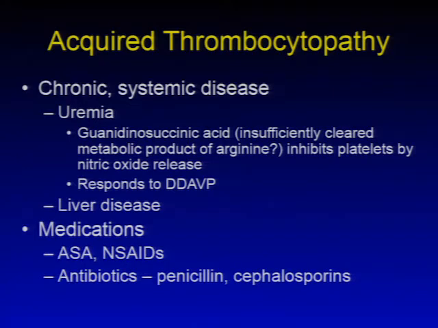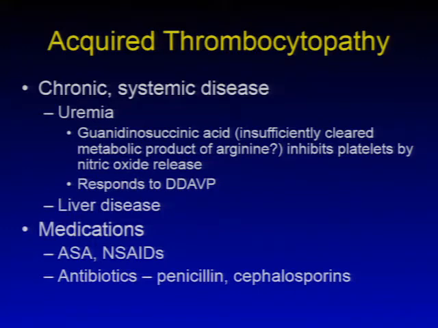Now, some acquired cases and instances of thrombocytopathy. Chronic systemic disease can lead to this. Uremia, not uncommonly, will lead to thrombocytopathy.